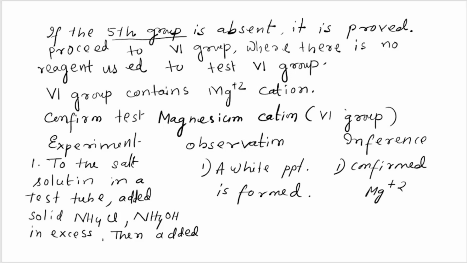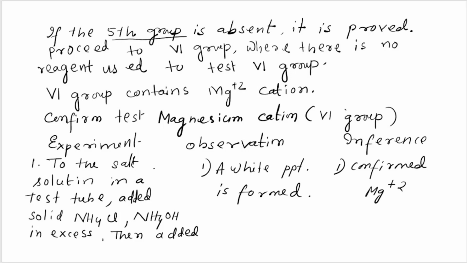In the sixth group, only the Mg+2 cation is there, and sodium and potassium ions are there, but they are not in the syllabus. So remember the test for magnesium, the Mg+2 cation or basic radical.